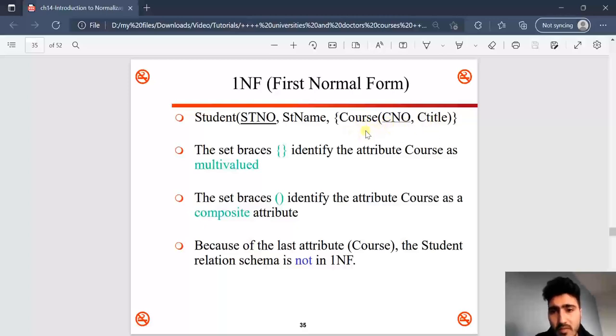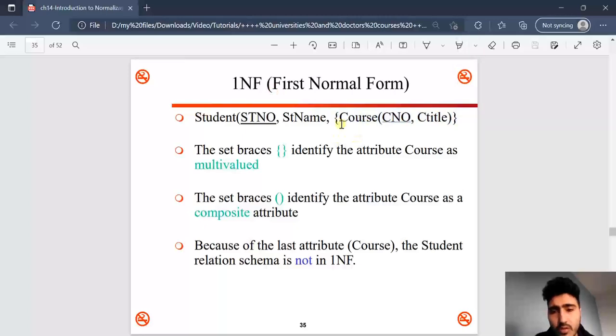So for example, we may have a student who takes course number CS 400 with course title database, also a course number CS 500 with the course title artificial intelligence, for example. And he can have another course, which may be 3 courses, for example. So this shouldn't happen in first normal form.